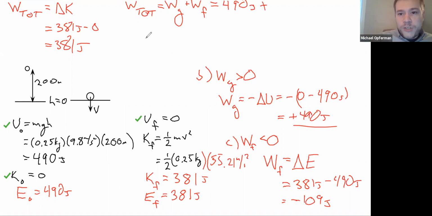The work done by friction is unknown, but now I know that 381 is the total work done, and that has to be equal to 490 plus the work done by friction, and I get the work done by friction is the exact same calculation, negative 109 joules.